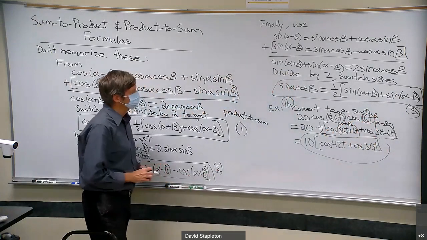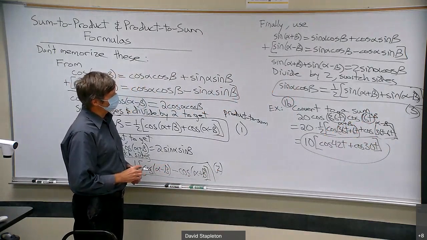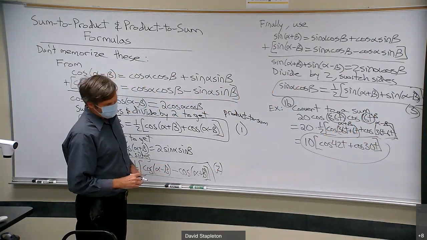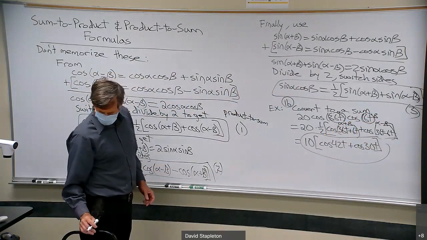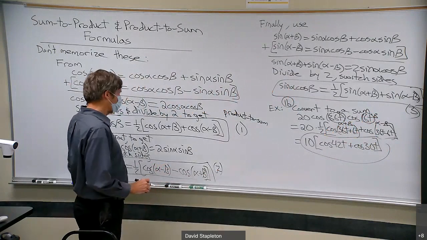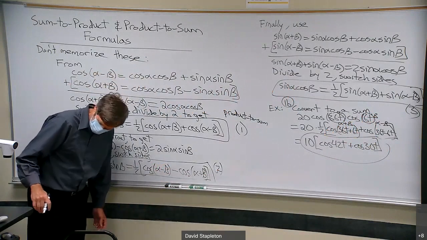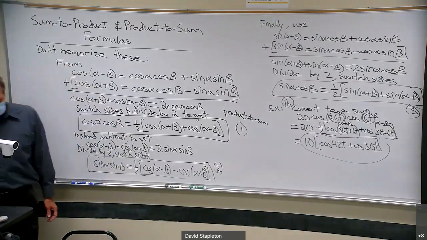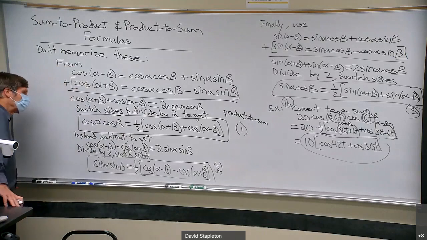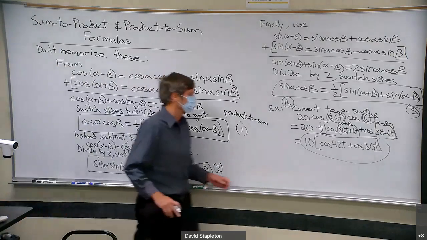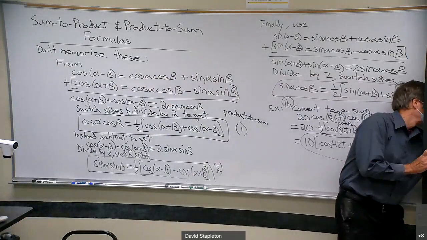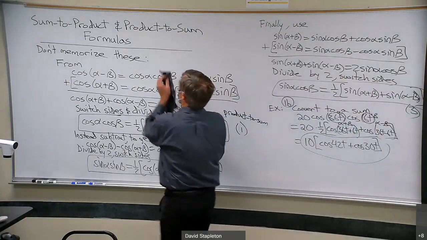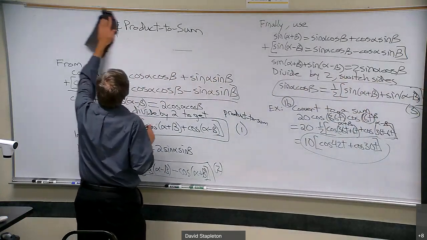Okay. That's all it does. It allows you to rewrite these things. Why would that be useful is not real obvious here. Sometimes in applications, maybe you're interested in graphing something like this.